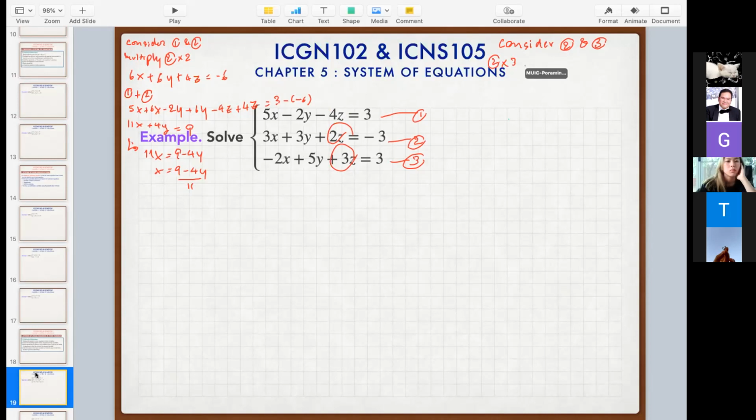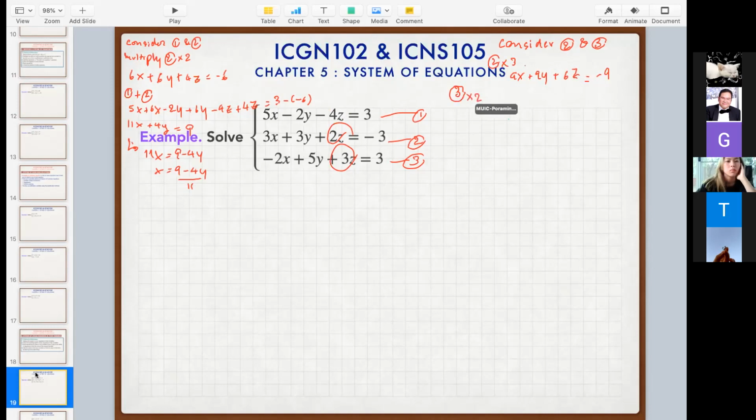Then I get 9x plus 9y plus 6z equals negative 9. For equation number 3, I multiply equation 3 by 2.